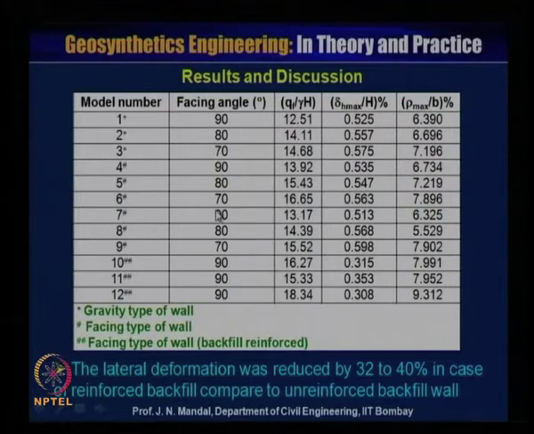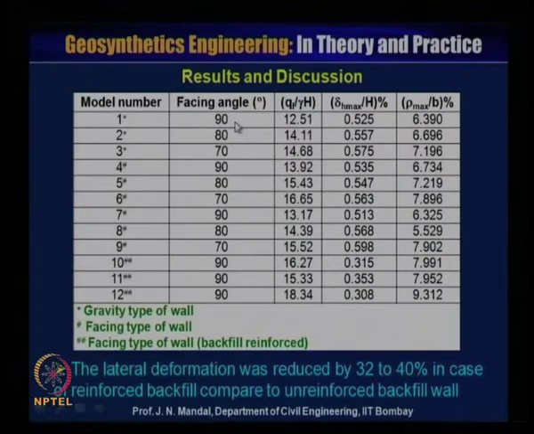So, results and discussion. Here we have shown model number 1 to 12, with facing angle degrees 90, 80, 70, 90, 80, 70, 90, 80, 70, 90, 90, 90. Here you can see the star on 1, 2 and 3, which are gravity type walls.